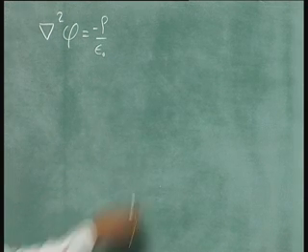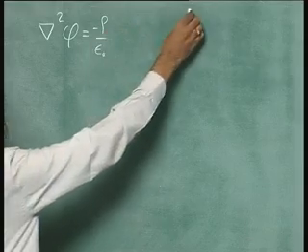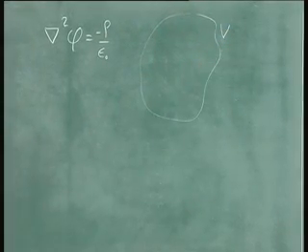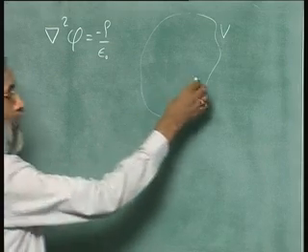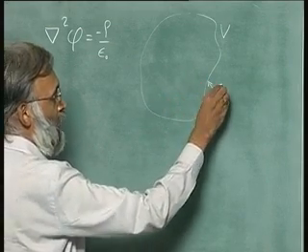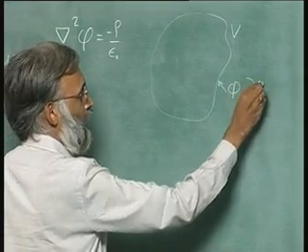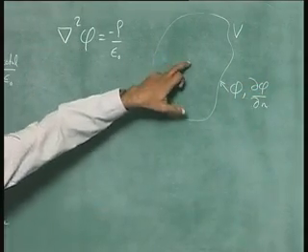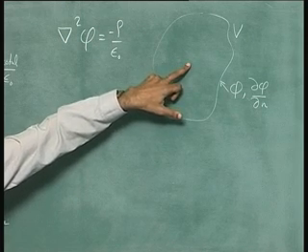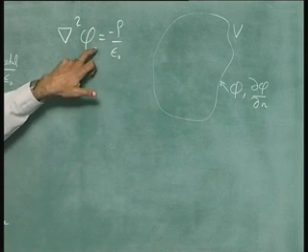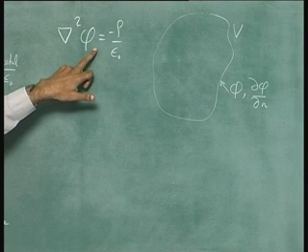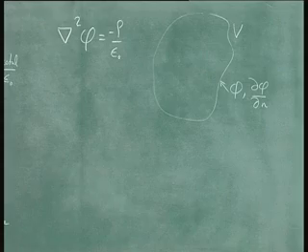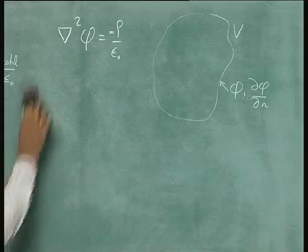One of them was that you can prove that if you have any volume V, and if on the surface of this volume on every point you specify either phi or del phi del n, then the solution inside exists and is unique. So that means that this equation is well defined and has unique solutions. So that was statics, that is electrostatics.